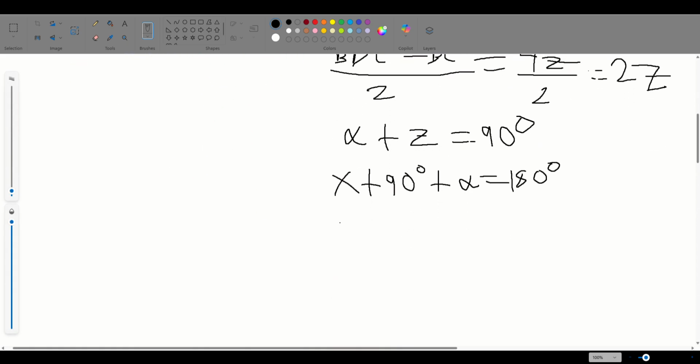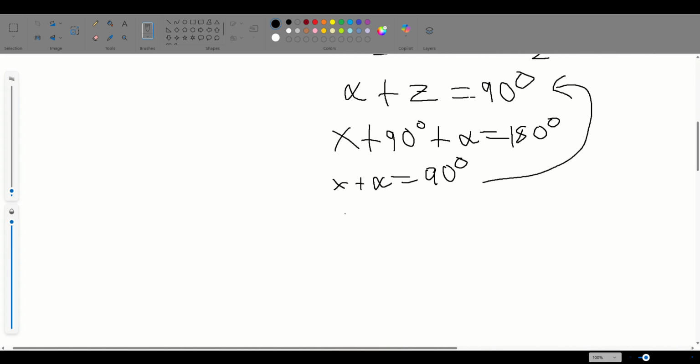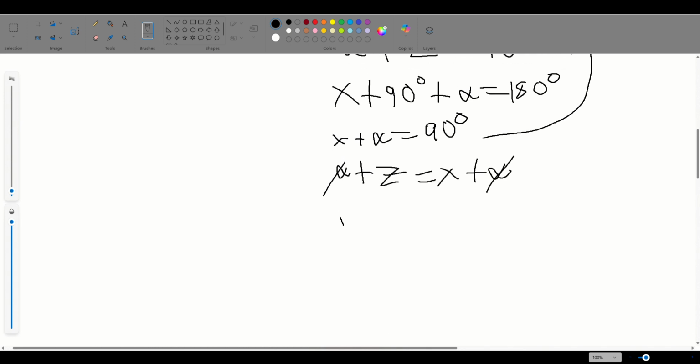Simplifying, we get that X plus alpha is equal to 90 degrees. Transferring that to our previous equation, using substitution, we get that alpha plus Z is equal to X plus alpha. Subtracting alpha from both sides, we have now proven that X is equal to Z.